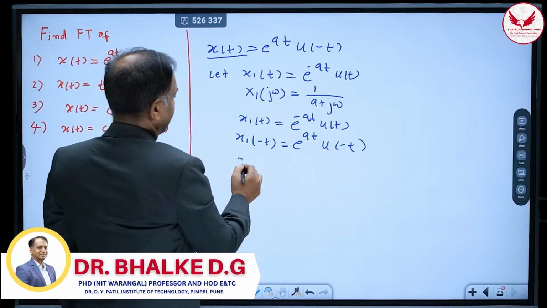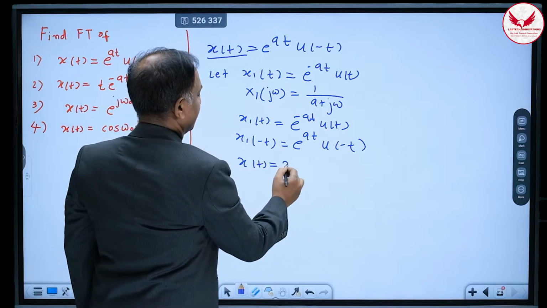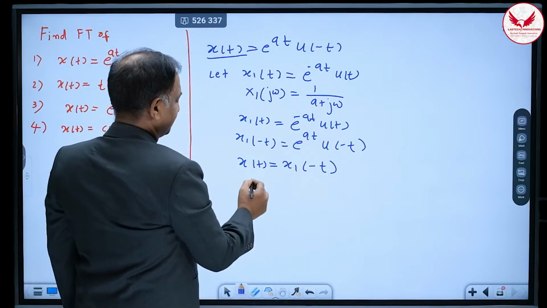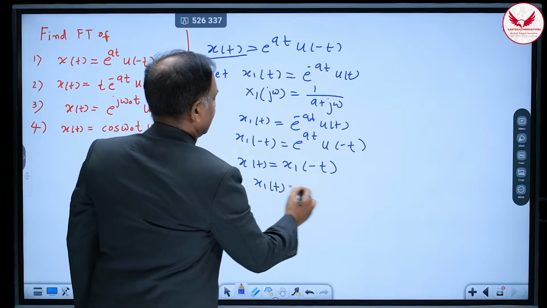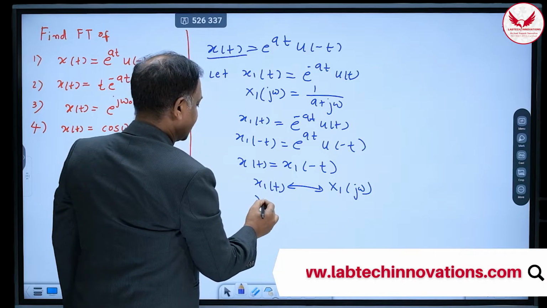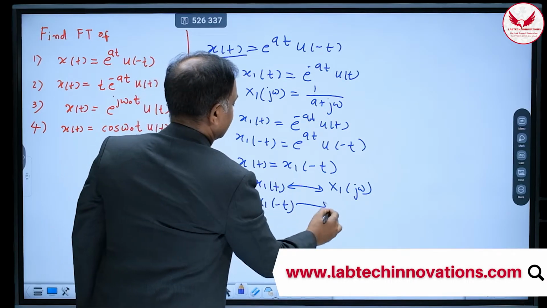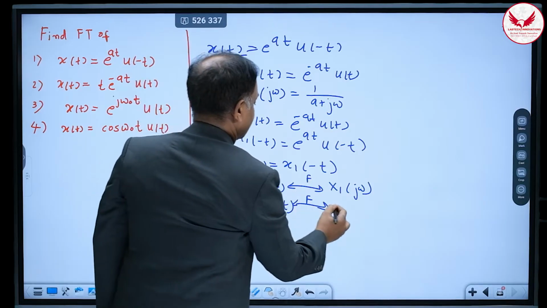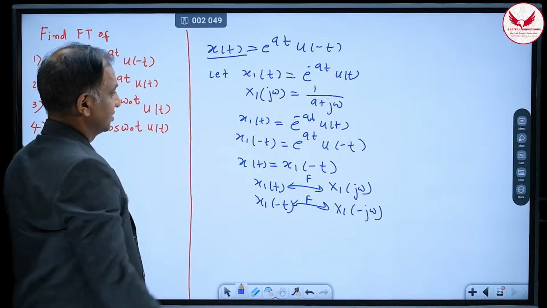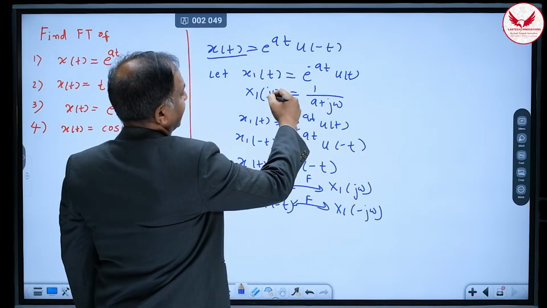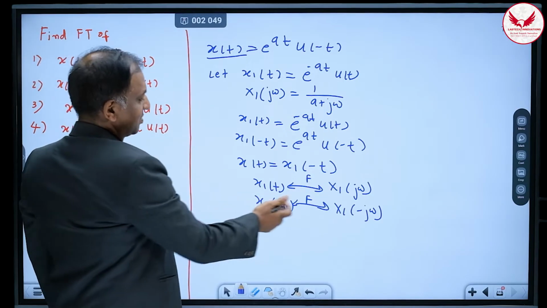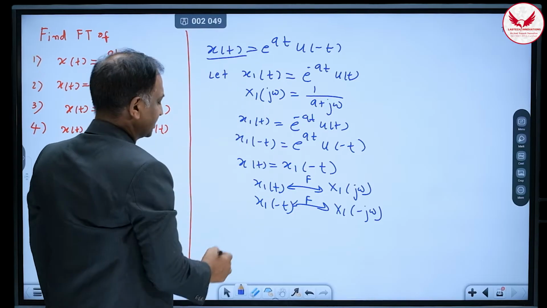Therefore x of t is equal to x1 of minus t, and we know the Fourier transform of x1 of t is x1 of j omega, and the Fourier transform of x1 of minus t is equal to x1 of minus j omega. This is the time reversal property. Therefore wherever omega is there in x1 of j omega, you replace omega by minus omega, and that will give you the Fourier transform of x1 of minus t, which is equal to x of t.